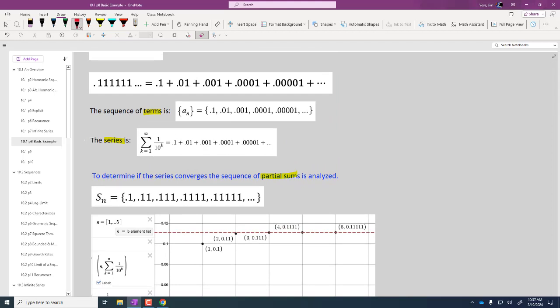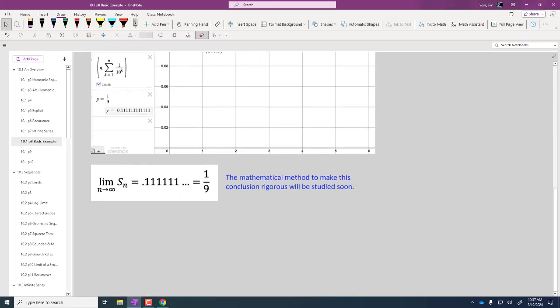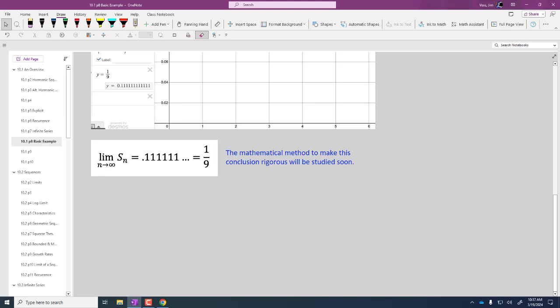Here we see the constant multiplier of 0.1. We're multiplying repeatedly by 0.1. So that will be a geometric sequence. This will be a geometric series if there's a constant multiplier. And when you have a geometric series, you will be able to find S sub n. So if S sub n is known, take its limit.